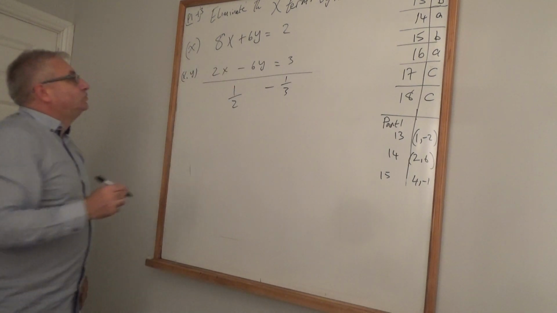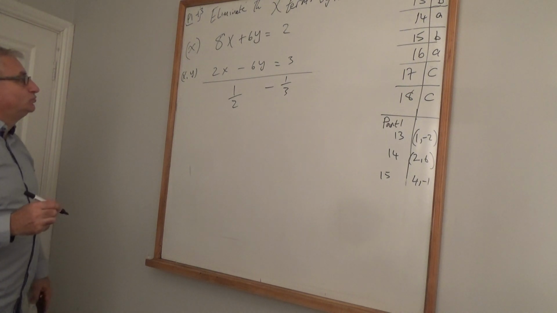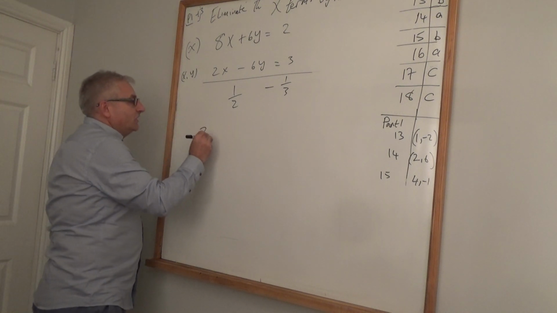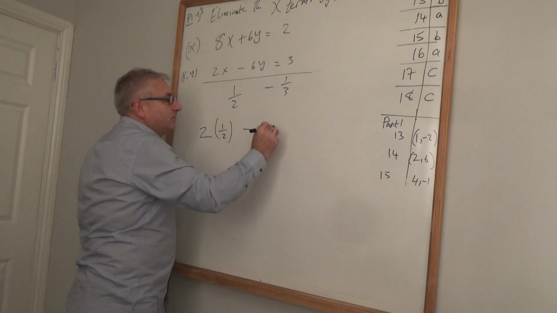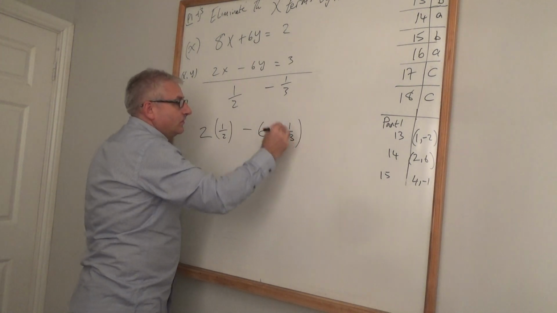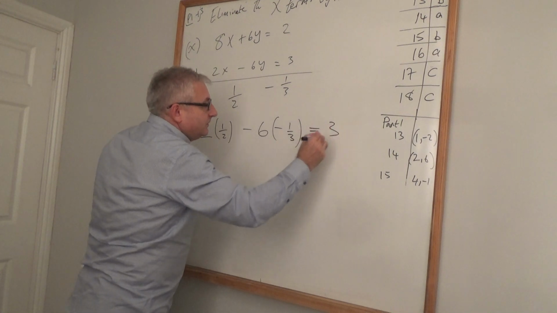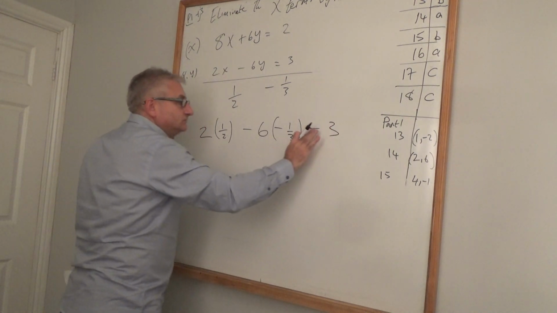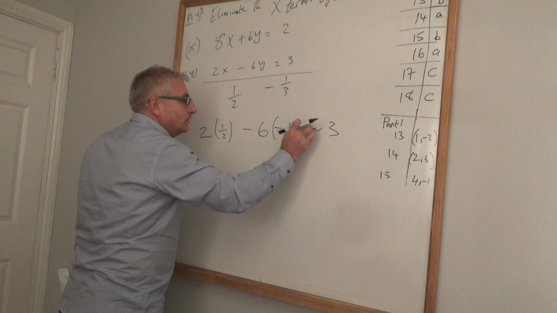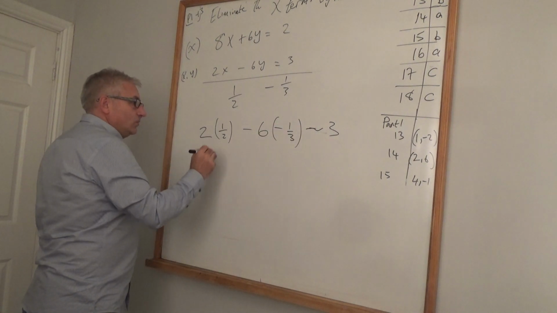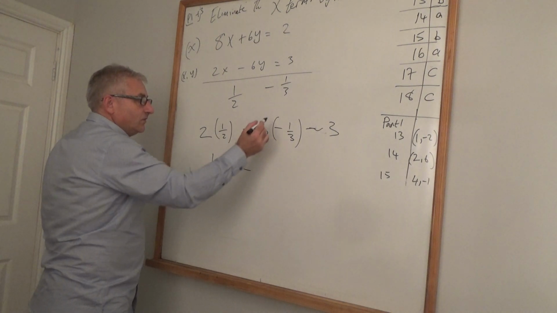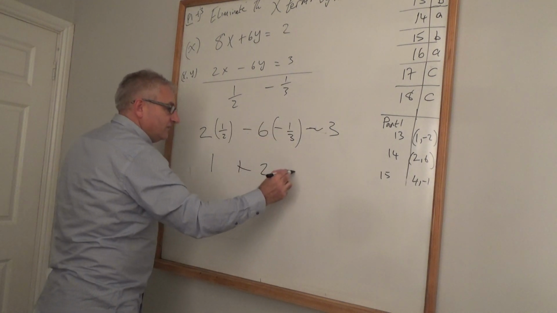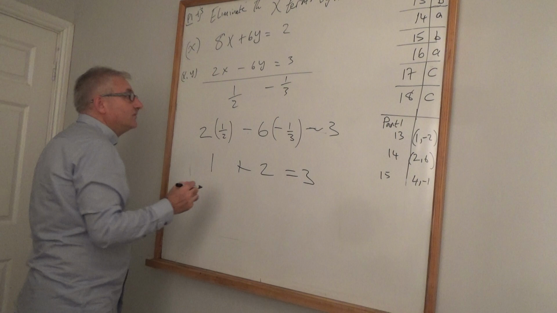Two times half minus 6 times negative a third equals 3, hopefully. 2 times a half is 1, minus by minus is plus, 3 into 6 is 2, is indeed equal to 3, so we have the right answer.